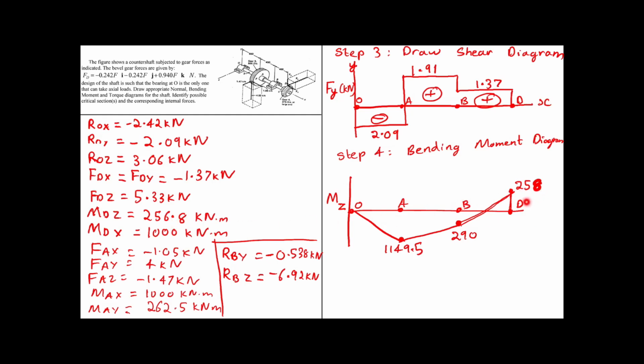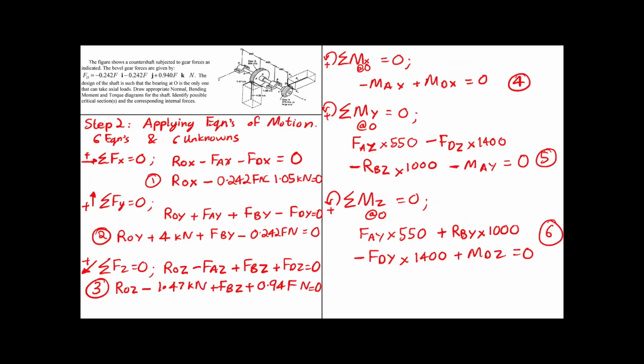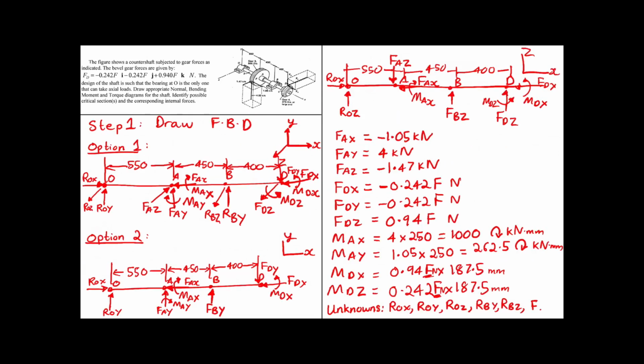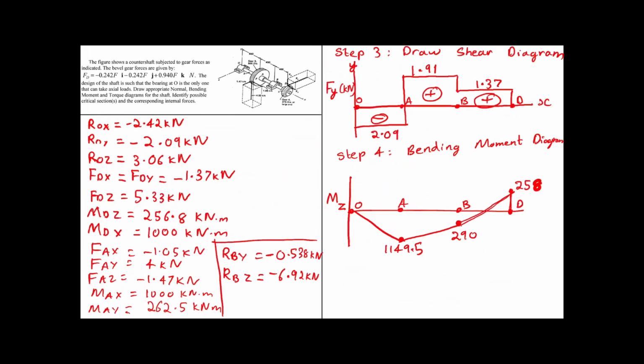So maybe it is due to some minor calculation errors that it wasn't the exact value, but it should be close. So these two values are close enough, and we know that MDZ was actually clockwise. So that means it is in the negative direction. So you are going to apply the clockwise and negative direction, which brings it back to 0.